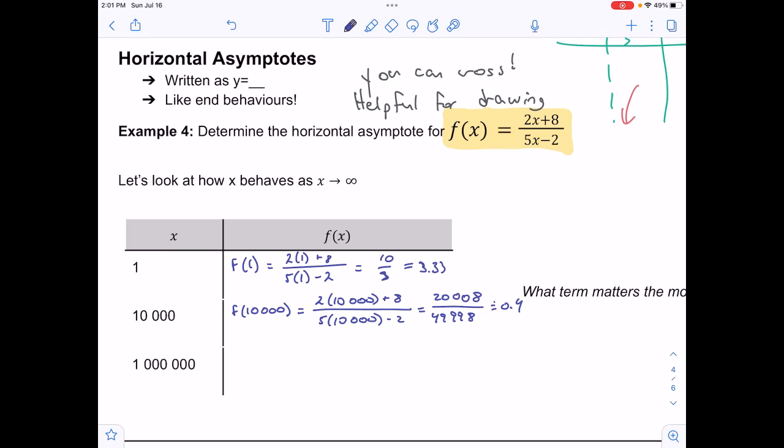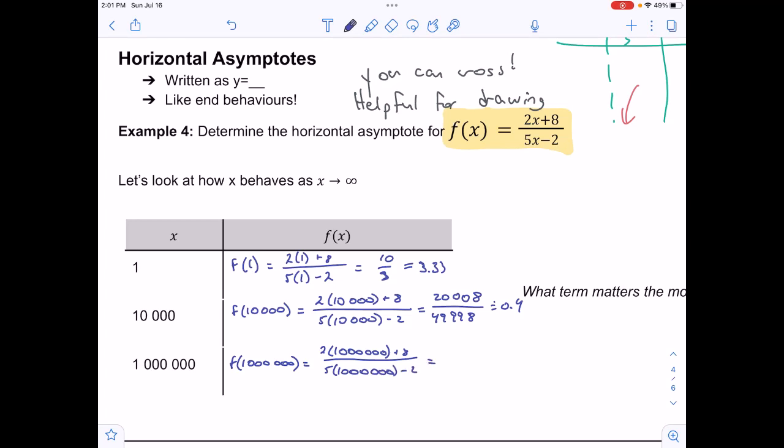What about a million? If we try f of 1 million, we do the same thing. 2 times 1 million plus 8, 5 times 1 million minus 2.